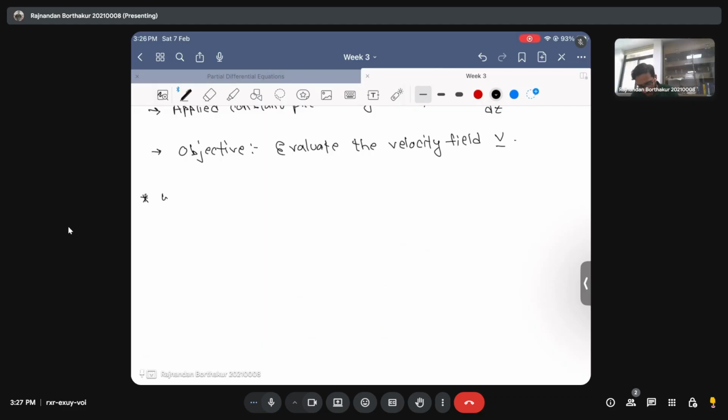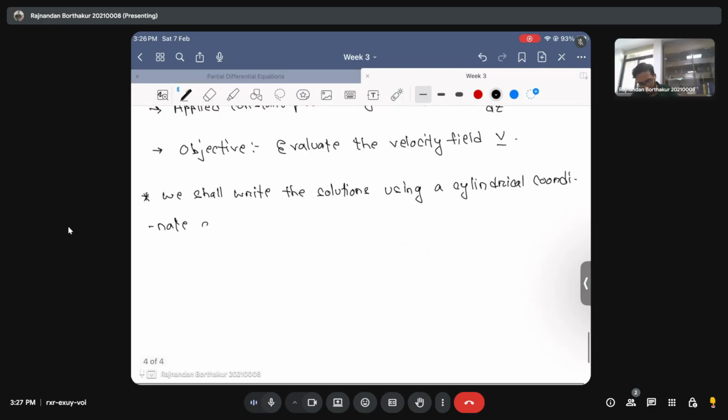So we shall write the solutions using a cylindrical coordinate system, which is r, theta, and z.